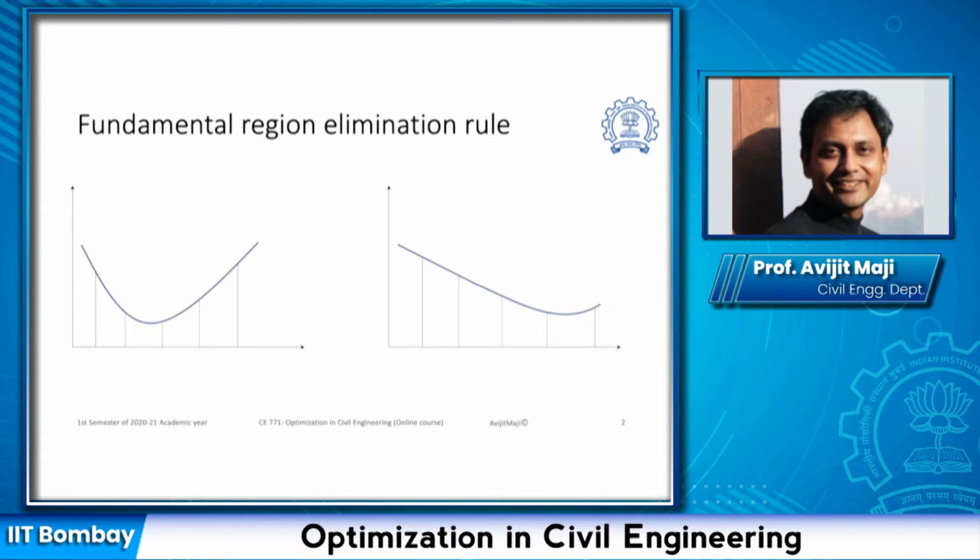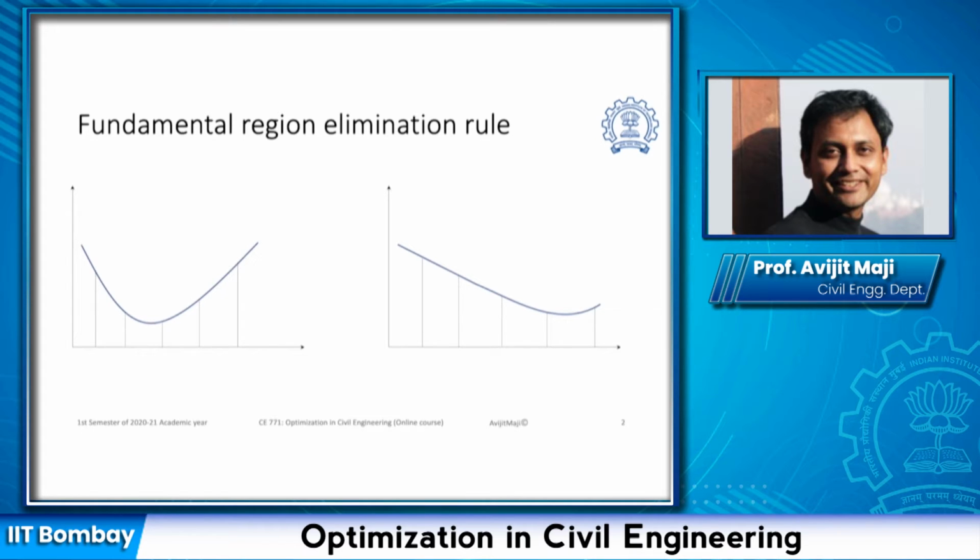So if we can compare the function values at three different locations, then we can reasonably say which direction we are heading. So we are going to use that fundamental property to eliminate certain region and use it for the methods we are going to describe in this region elimination method.